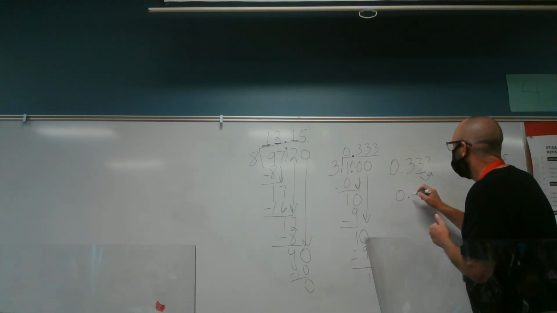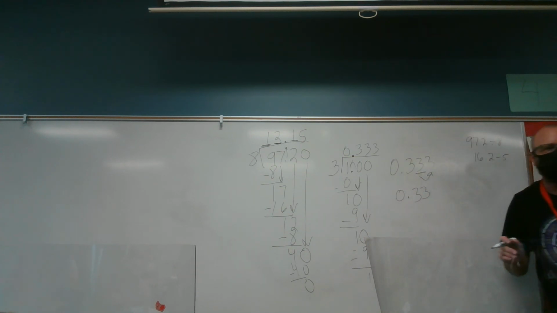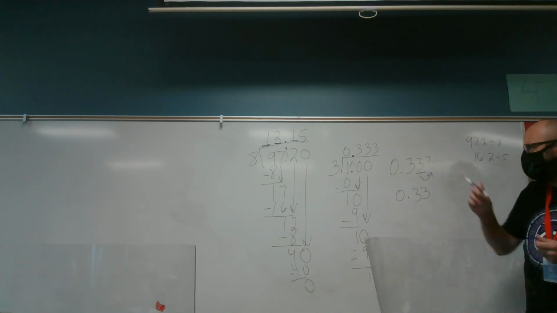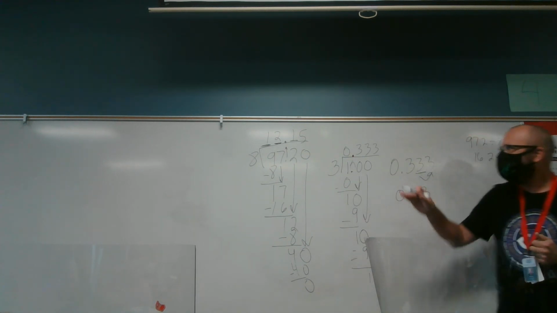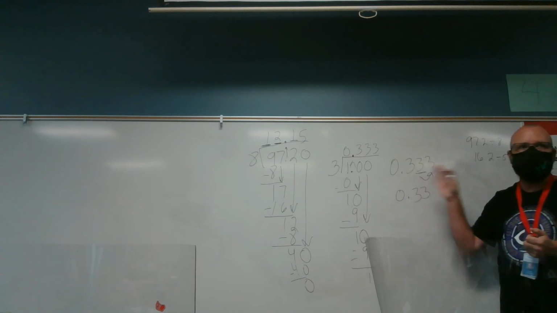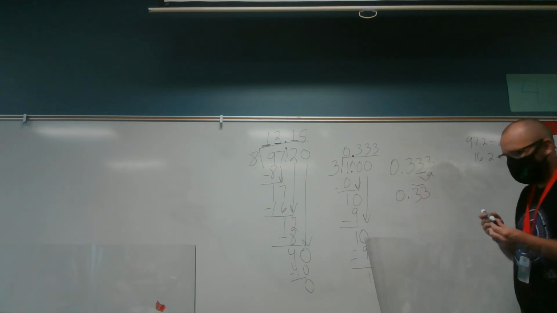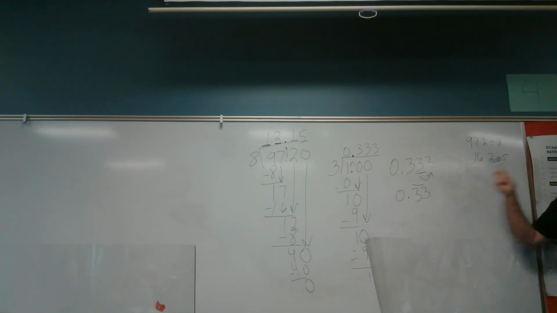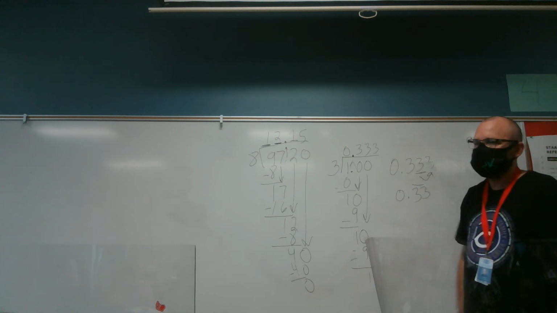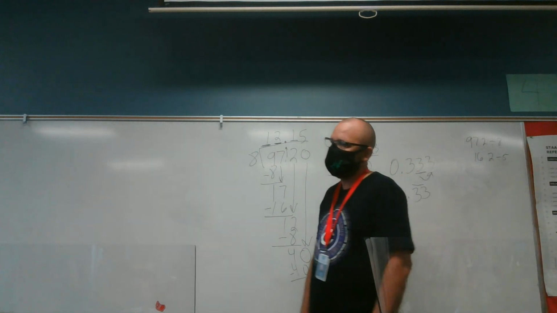So this would be 0.33. And I don't think you have to know this, but if something repeats over and over again, they'll put a line above it, and that tells you that it just keeps going, forever and ever.